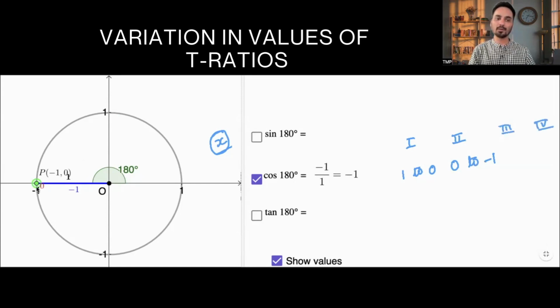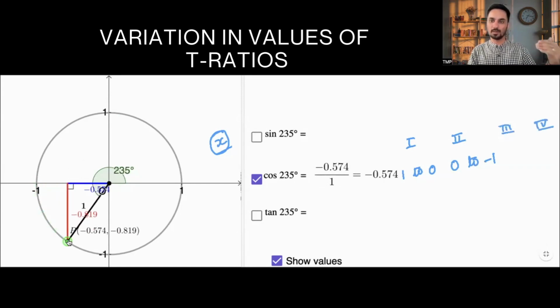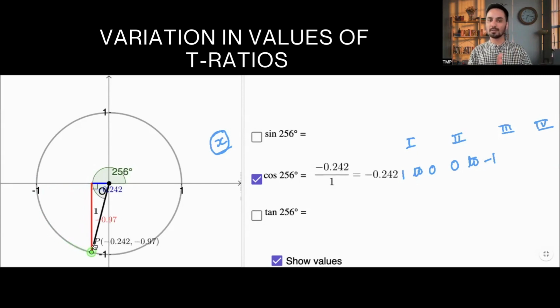And moving in the third quadrant, again, the value of x is still negative. But when you move from 180 degrees towards 270 degrees, you'll find that the value of x is actually increasing from -1 towards 0. And that is why the value of cos is also increasing from -1 towards 0. So in the third quadrant, the value of cos is from -1 to 0.